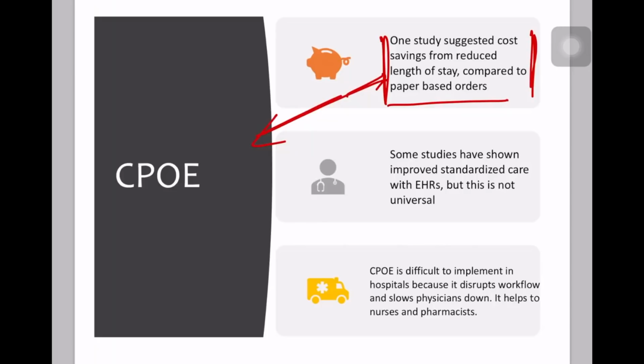Some studies have also shown improved standardized care with EHR, but it's not universal. They mean standardized care and procedures. When someone goes to primary care or urgent care, especially urgent care, they have steps to work through every minute.